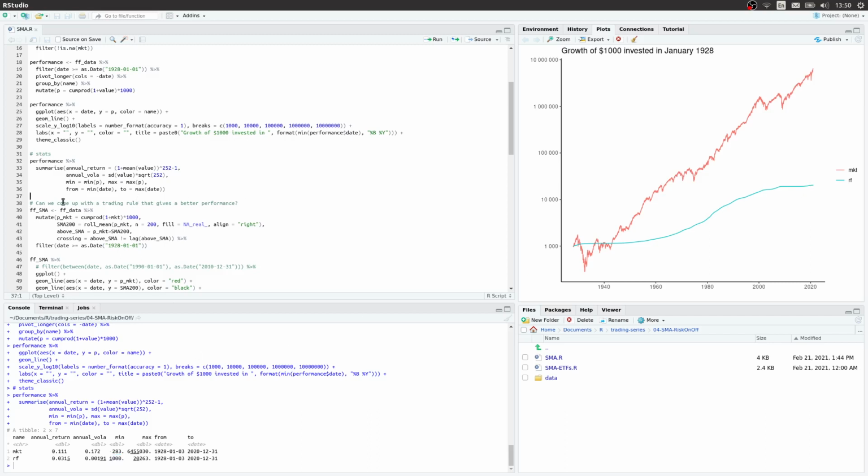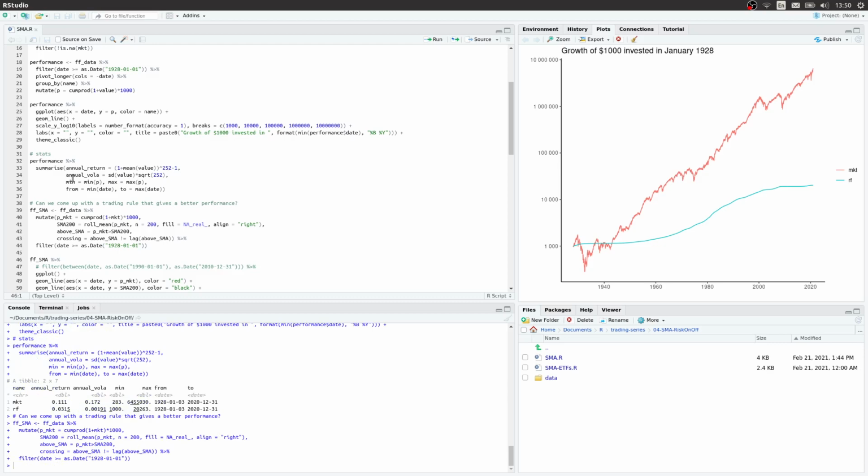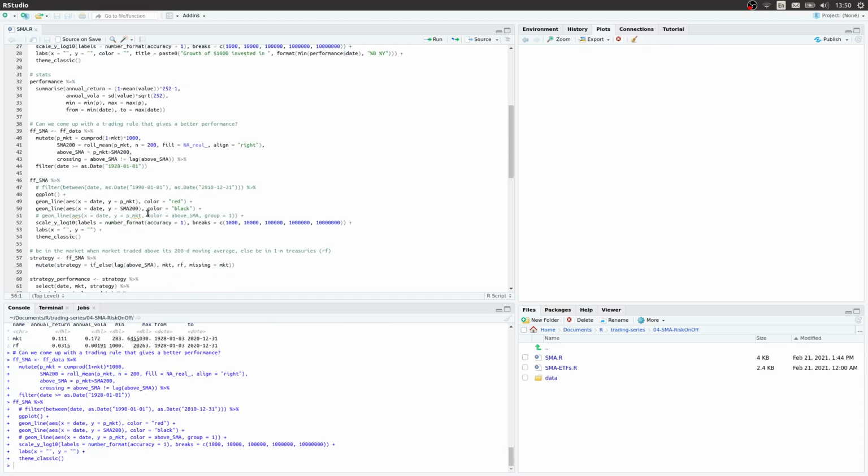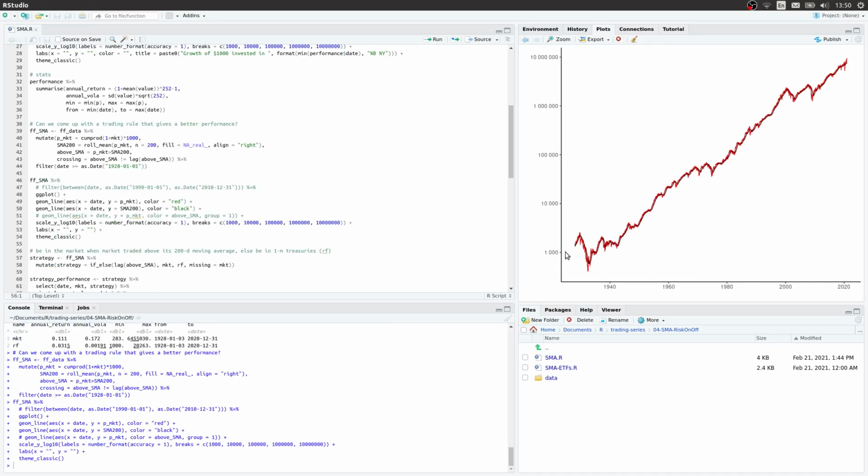Now the question is, can we come up with a trading rule to improve the performance and possibly also avoid the crashes, because the crashes are severe? And it's not like a lot of investors will exit the market at the worst moment. So that's what we're doing here with the simple moving average that I'm calculating, and I'm putting it over the plot.